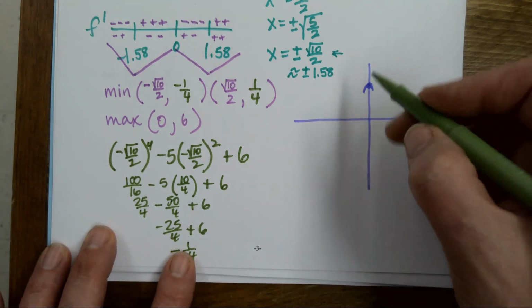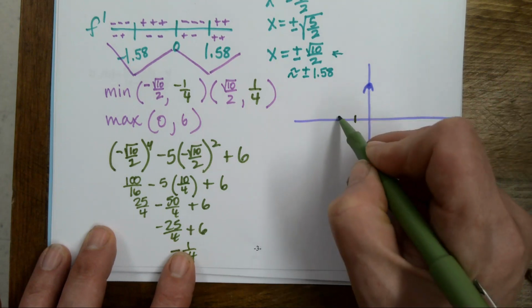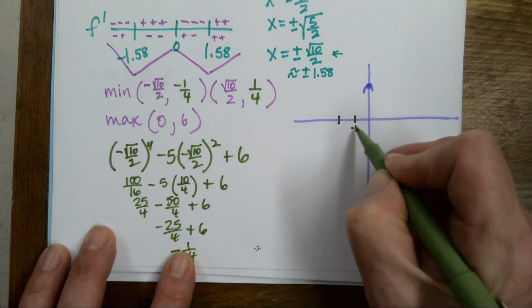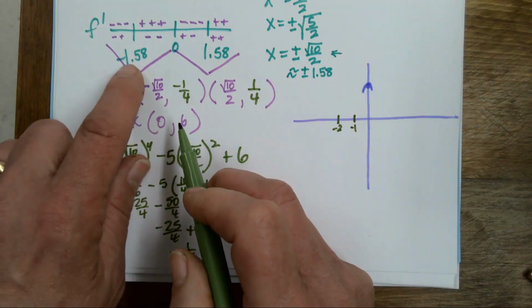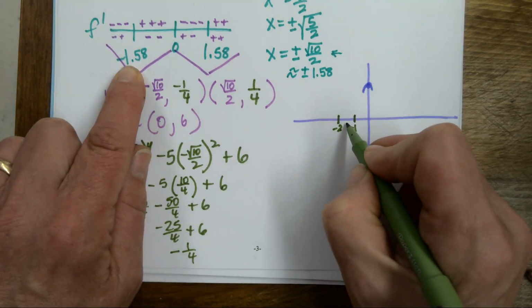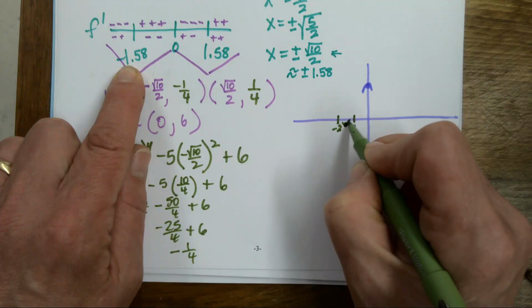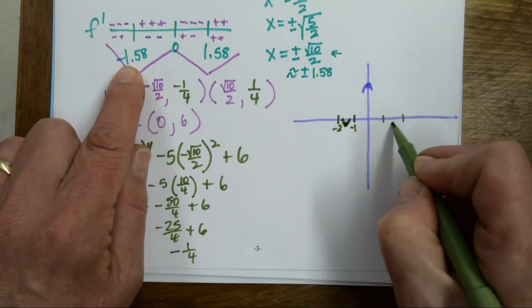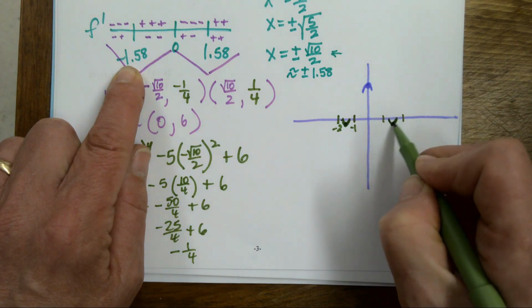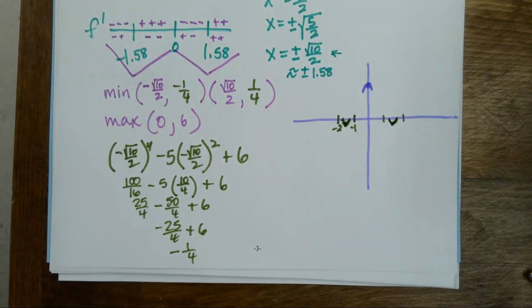So, here's 1, here's 2 on the negative side. I have a min at, we decided, negative 1.58, negative 1/4. And I have another min at 1.58, negative 1/4. It did cross the graph.